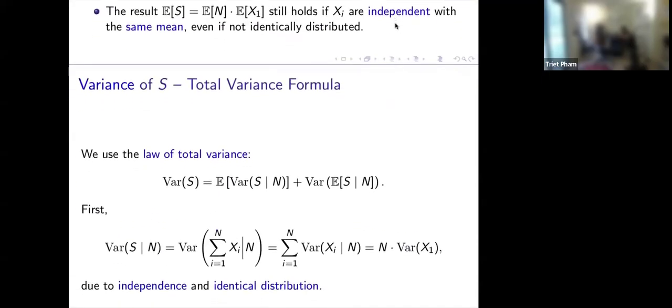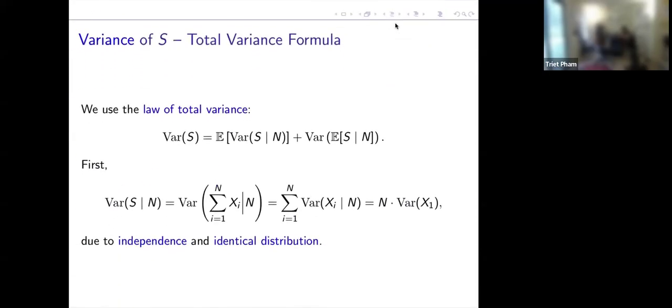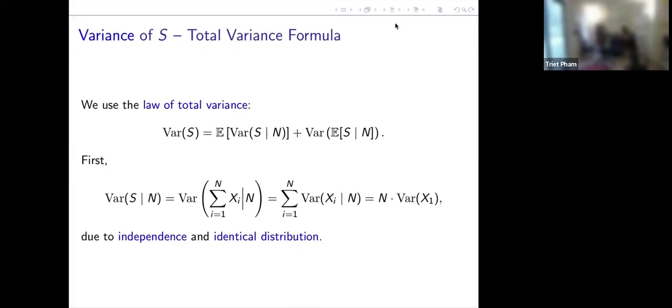So the conditional variance works out in the same way, but we have to use the total variance formula. Notice that for this expression, we not only use the independence between xi and n to go from here to here, we also use the fact that the xi's are independent.